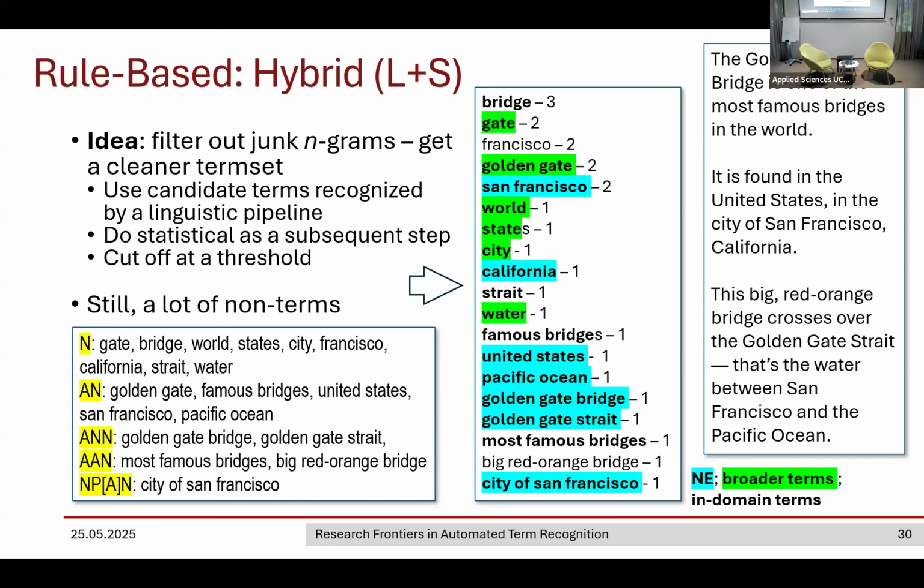And still, we have a lot of non-terms here. For example, we have this stuff as named entities, and this stuff as broader terms, and only this, like most famous bridges and bridge and strait, are in-domain terms.